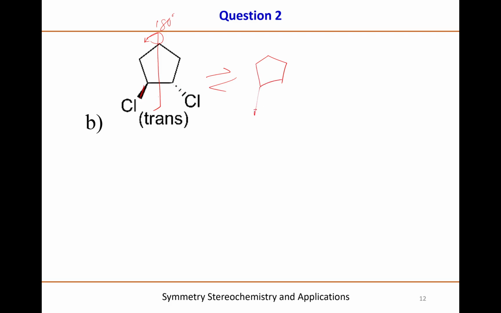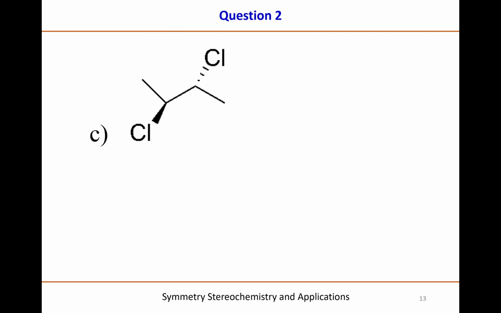But remember one thing: when a plane of symmetry is present, the molecule will become achiral. But if only an axis of symmetry, a C2 axis, is present, the molecule will be chiral. Chirality is there; only the axis of rotation is present. So the molecule is chiral.